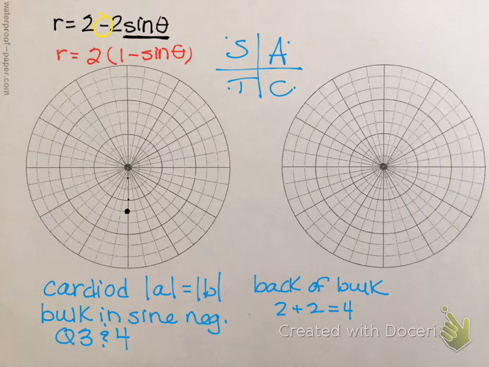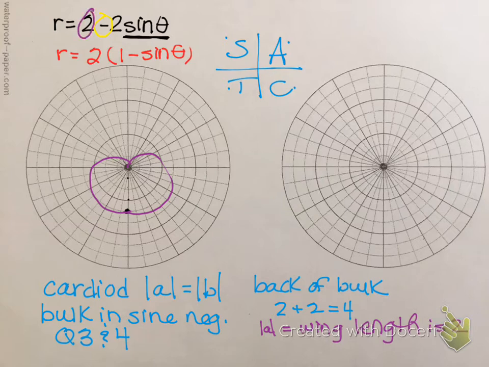Your A value, that absolute value, is your wing length. So my wings, all right, this is a cardioid, so I'm just going to sketch. It's not going to be right, but I'll at least give you an idea. It's supposed to look something like this. But my wing length is supposed to be the absolute value of A, so in this instance, it's going to be 2.